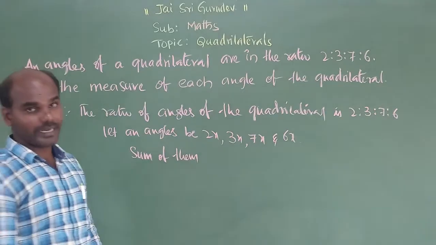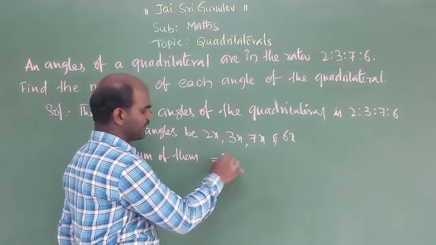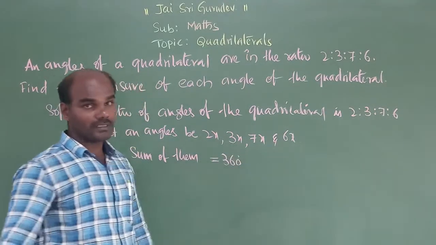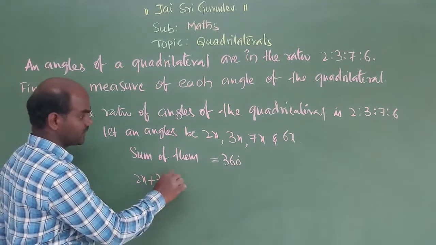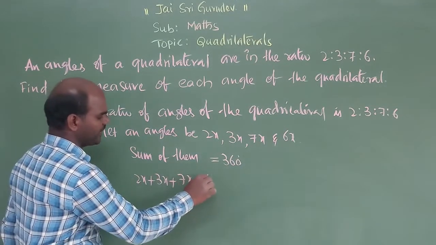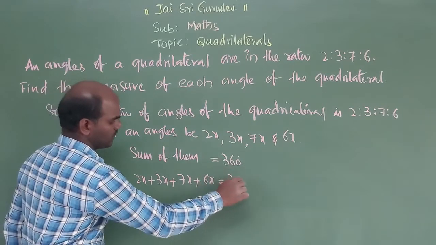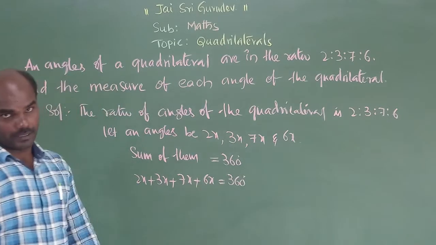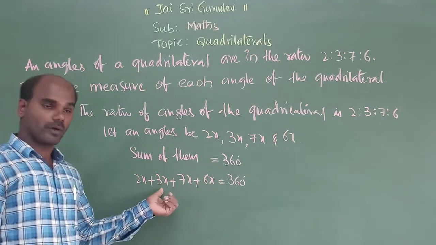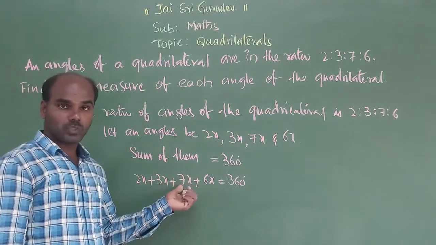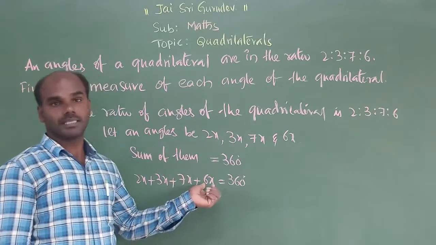So based on that, the sum of them, how much should we get, children? 360 degrees. Yes or no, children? So then 2x plus 3x plus 7x plus 6x is equal to 360 degrees. Then 2 plus 3 is 5, 5 plus 7 is 12, 12 plus 6 is 18.